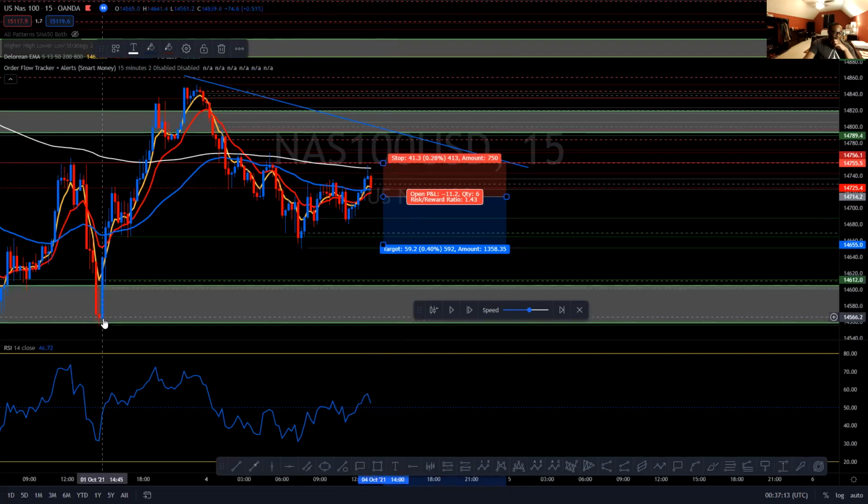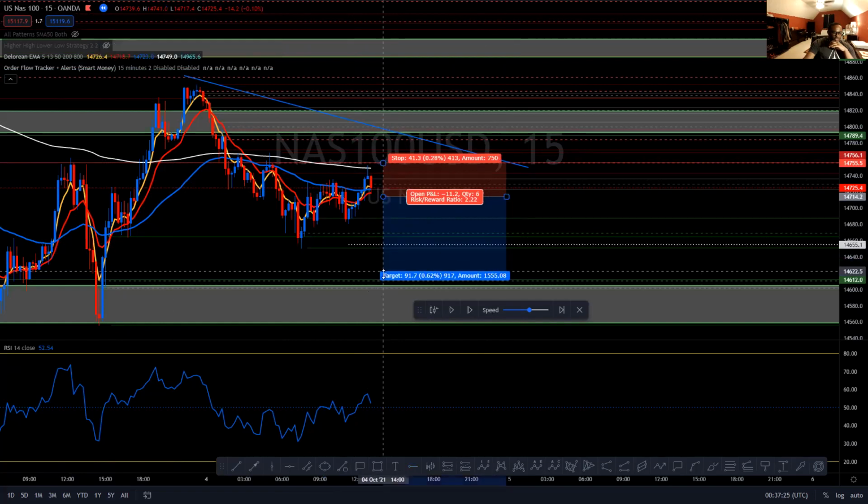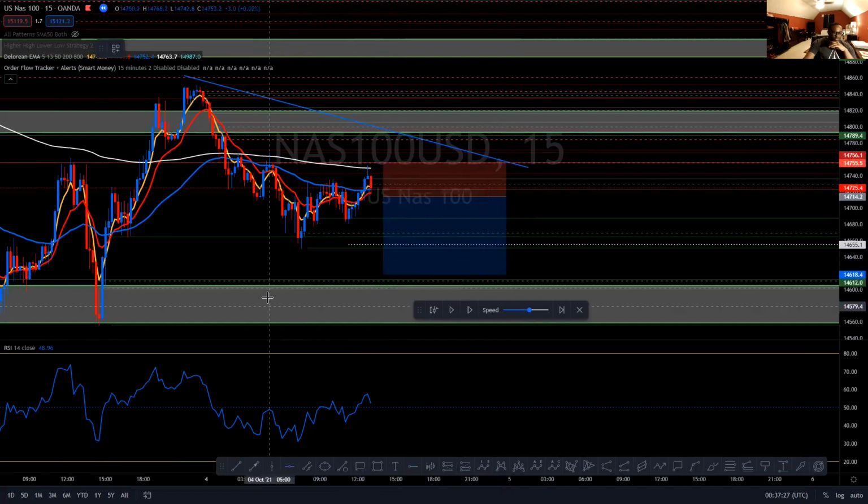Like price previously came down to this zone before it reversed, and then the bank puts in a buy order to push price back up again. So I would just put this first take profit here. And then I probably would just put a second take profit down here.